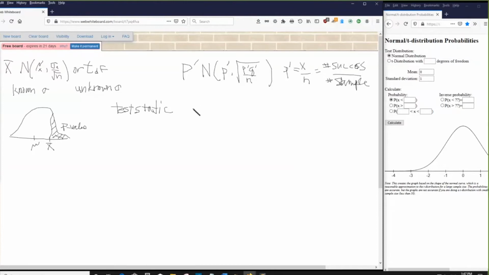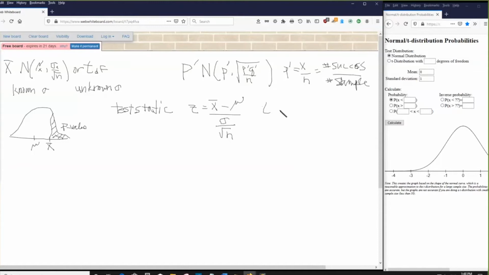And we get that z-score by taking the sample mean minus the population mean divided by the population standard deviation divided by the square root of n. And our t-scores are going to be the same.